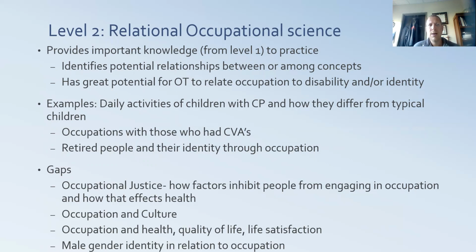Okay, and so we know that some people can engage in meaningful occupation, but we don't necessarily have in the evidence how that impacts their overall health and wellness. So a gap in the literature is, how do factors that inhibit people from engaging in occupation affect overall health? Okay, so we're looking at what is that relationship for those who can't engage in occupation, and what is the effect on their health?